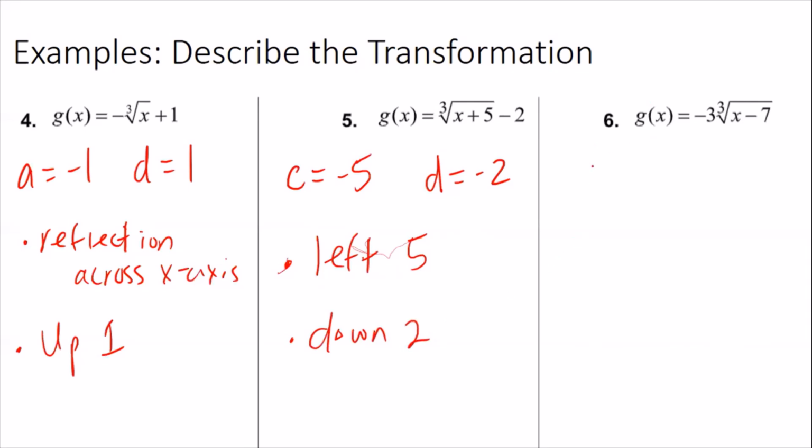All right, last one. What do we have? We have an A and what is our C? +7, because our X's are liars. All right, so what happened? Good job.